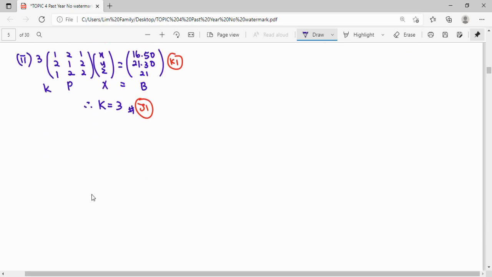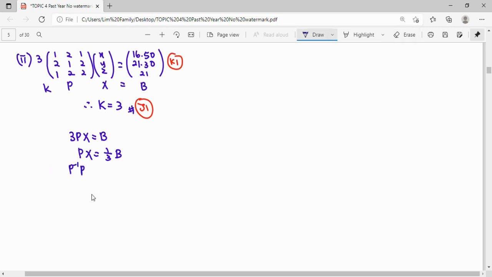From the equation 3PX equals B, how do we find our unknown matrix X in order to find x, y, z? We will multiply by P inverse. We will move our 3 first. Then we multiply P inverse in front of each matrix.